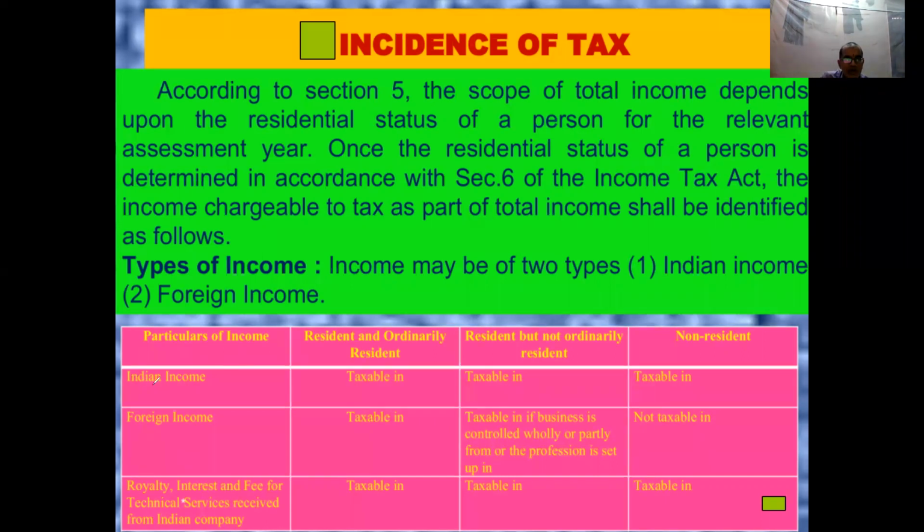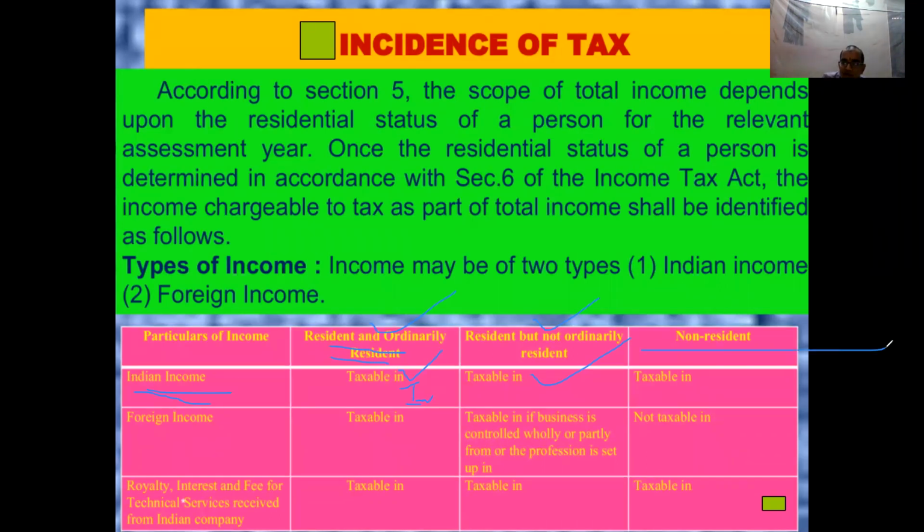Okay, now in case of Indian income, for resident and ordinarily resident, it is taxable in India. If a person is resident but not ordinarily resident in India, even then he has to pay tax because it is Indian income.